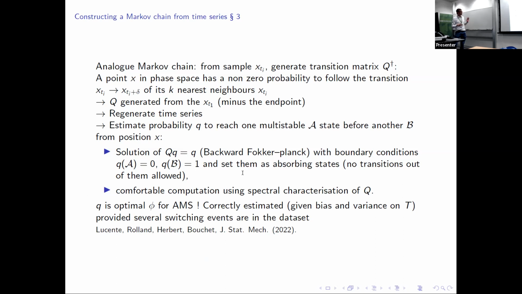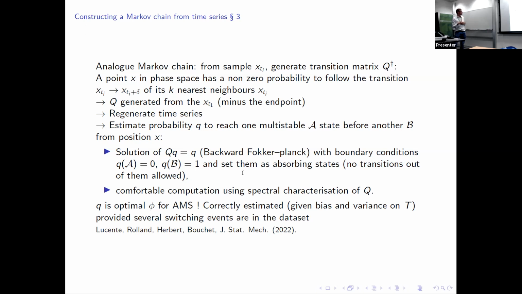Then you will identify basically where a new point can transit from what you had recorded before. And to put it simply, you find its k nearest neighbors, and basically it has a probability 1 over k, if there is no bias in the sample, to have the transition of one of its k nearest neighbors. And from the time series, you generate a transition matrix.